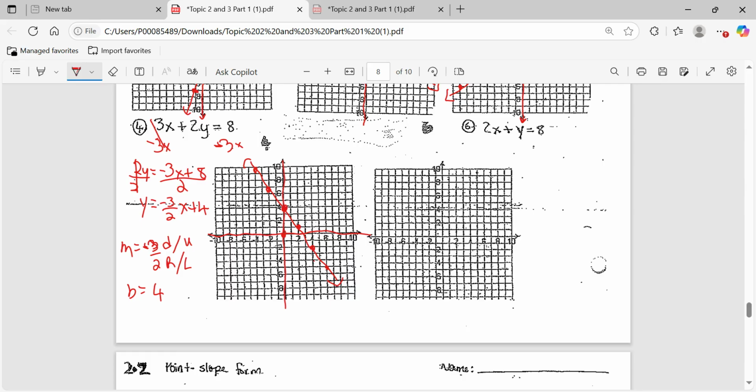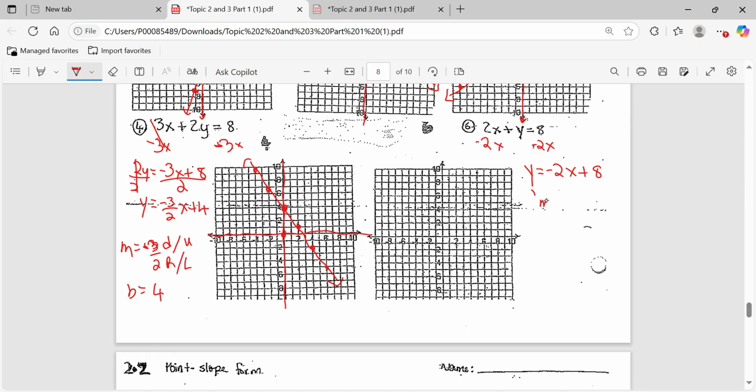All right, now that you've done that, you want y by itself, so you would have to subtract 2x on both sides, so that y is equal to negative 2x plus 8. Make sure you put this in front of the 8 because that's how it will look, mx plus b. So I'm all good.